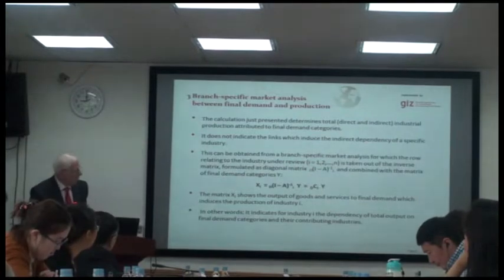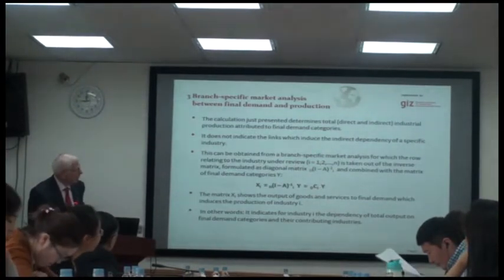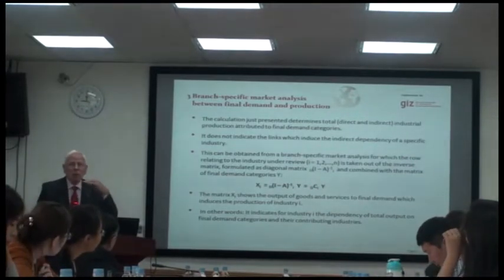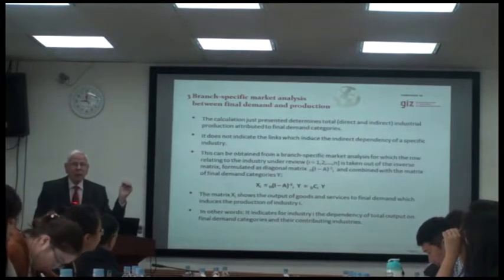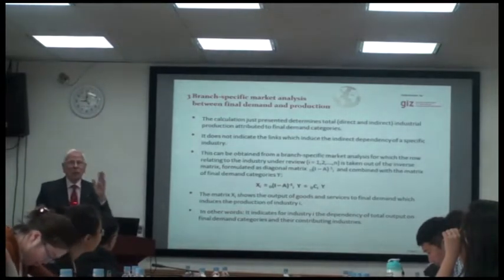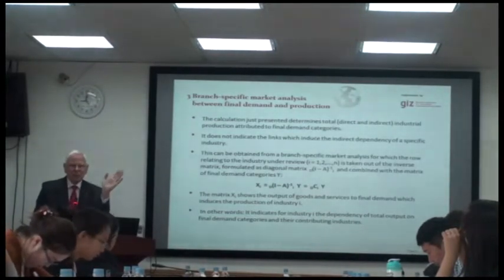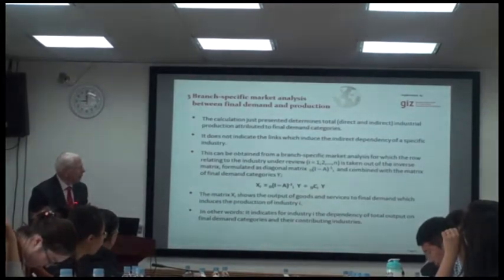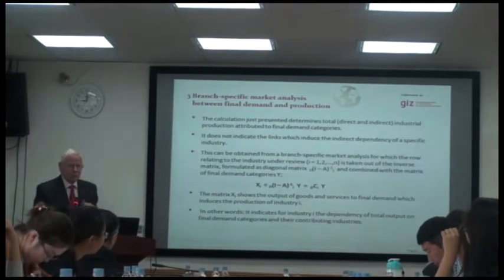And the market analysis was only that difference. If you look at the formula again, we have again the same inverse. But what is the difference? We are looking only for specific rows of the inverse, and we have written these rows of the inverse as a diagonal matrix. The T means diagonal, and we multiplied this row i from the inverse, written as diagonal, with the same final demand vectors which we had before.